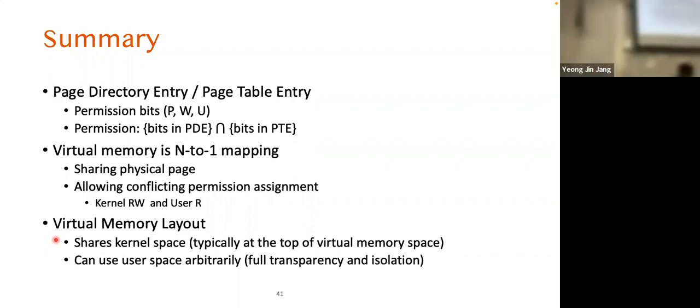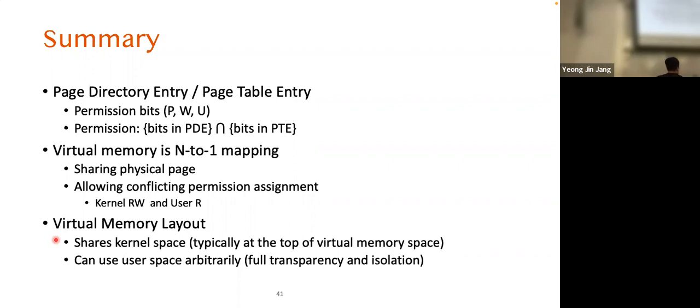If I depict that, suppose this is a physical address. Then we have one page here. And then you can have virtual addresses, maybe virtual page 1, and then virtual page 2.